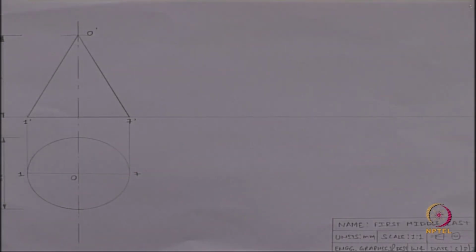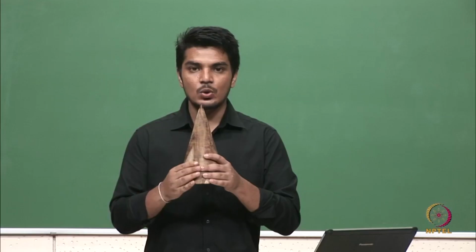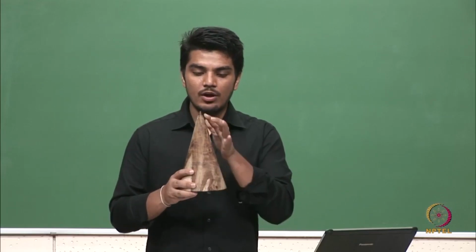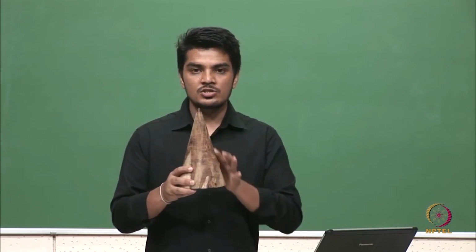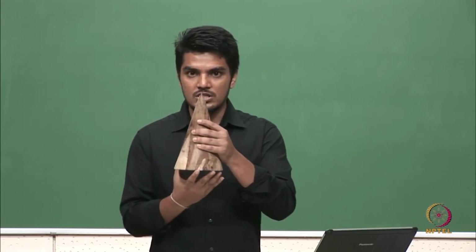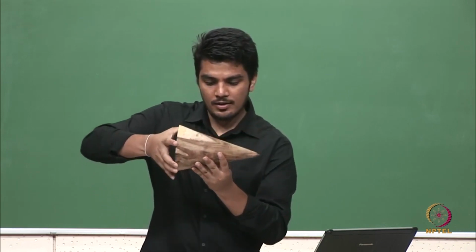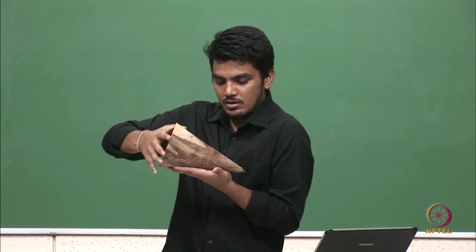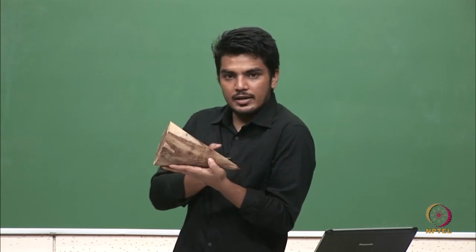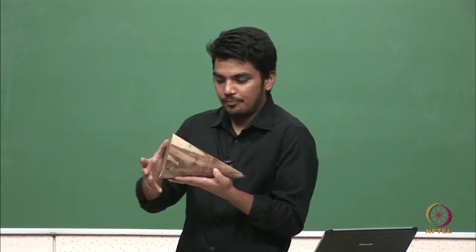Now moving to second orientation. In this orientation, this cone is rotated in such a way that one of its generators is resting on horizontal plane. So this is our first orientation. Now this cone is rotated in such a way like this. If this is the horizontal plane, one of its generators is touching the horizontal plane.